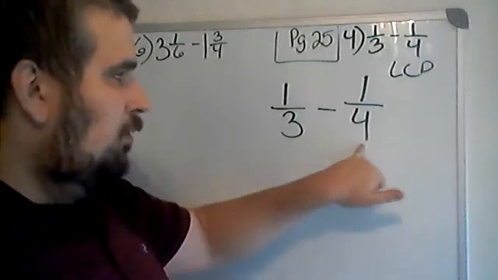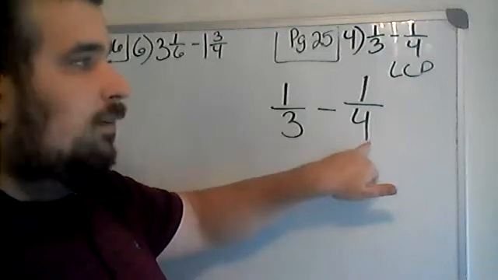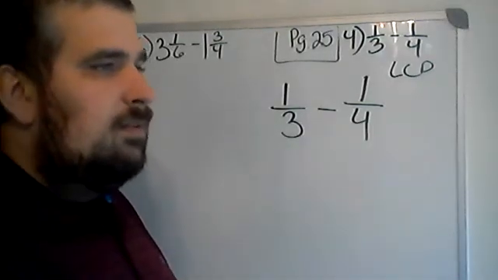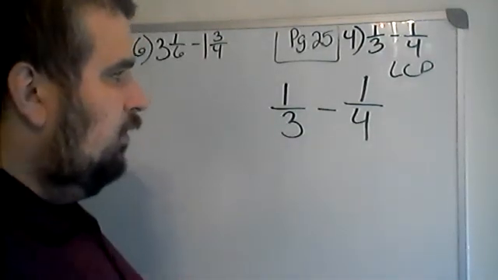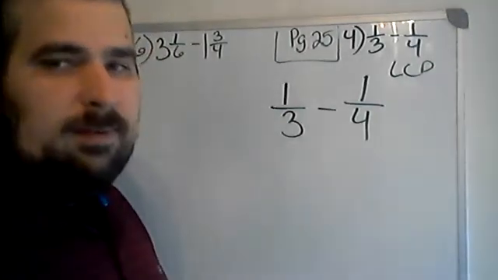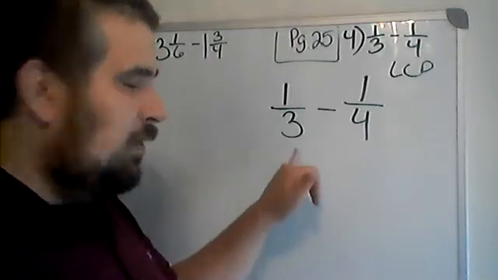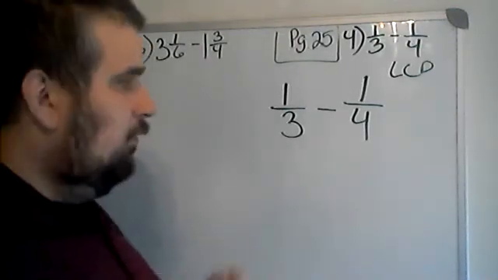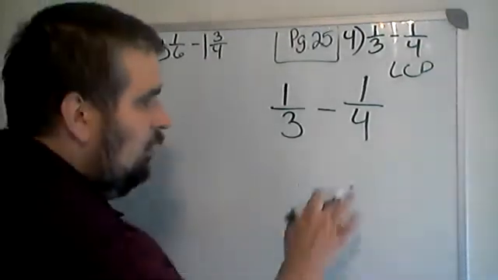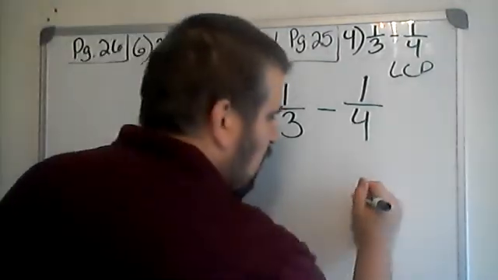So I know multiplying by 2 didn't work. So now I'm going to multiply by 3. 4 times 3 is 12. Can 3 go into 12? Yep, because if we just multiplied 4 times 3, we know 3 can go into 12. So I know my common denominator in this case is going to be 12.